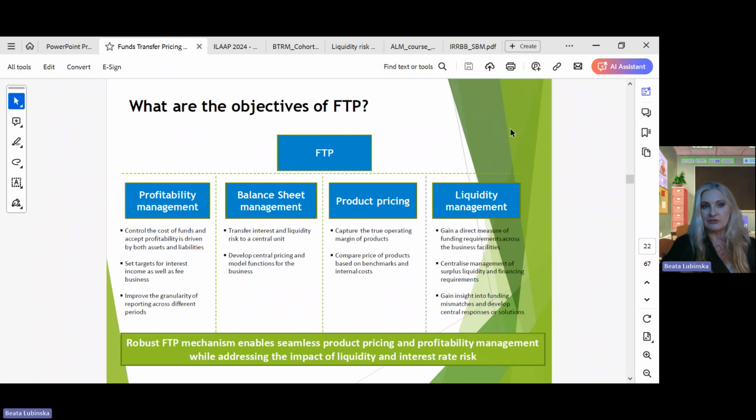So it is important that this is exactly this kind of glasses or perspective: risk-adjusted performance measurement. And remember, this is one of the most important objectives of the FTP.